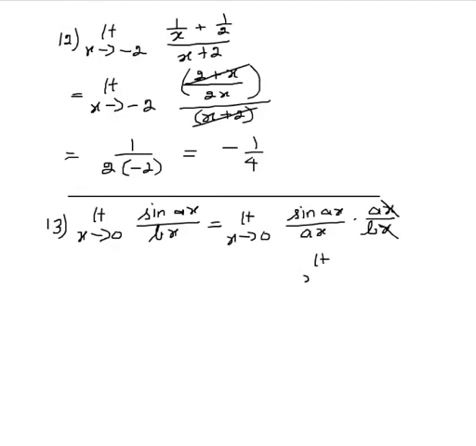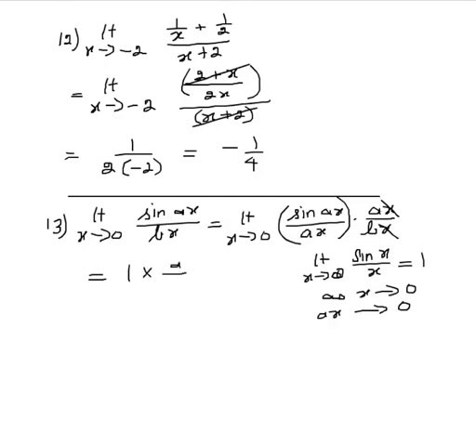And we will apply the formula. Limit x tending to 0 of sin x divided by x is 1. And as x tends to 0, ax also tends to 0. Multiply both sides by a, ax tends to 0. Therefore, the formula is applicable. By the formula, it becomes 1, and we have into a by b. Therefore, the answer is a divided by b.